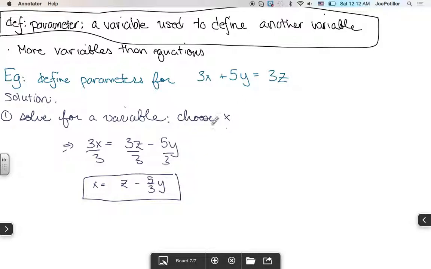So I'm going to define y to equal s and z to equal t. These will be our parameters that we will work with.